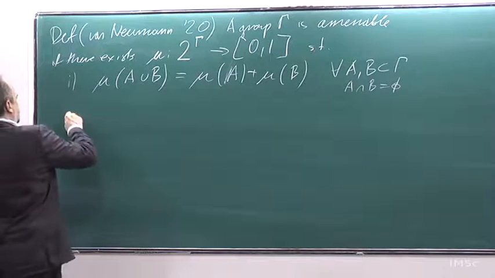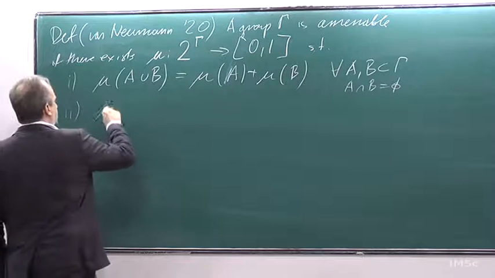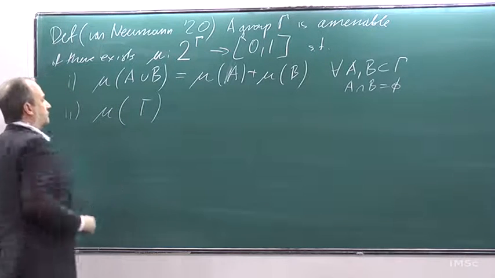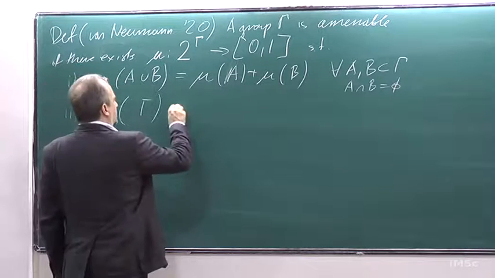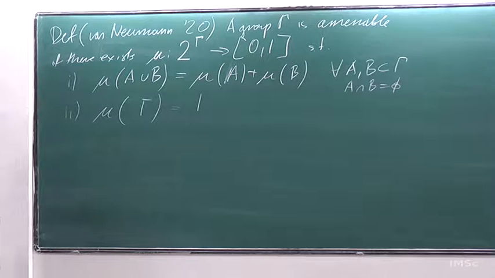The normalization is that the measure of the whole group should be equal to 1.